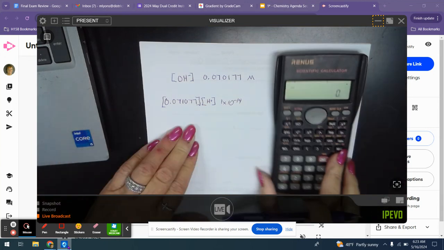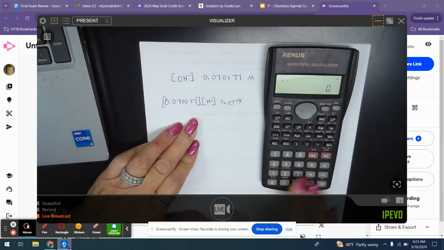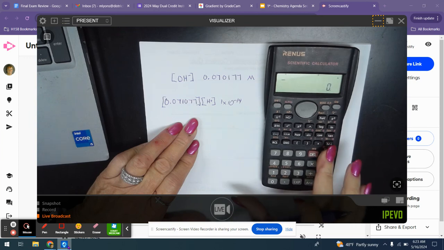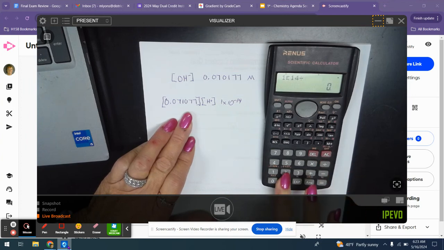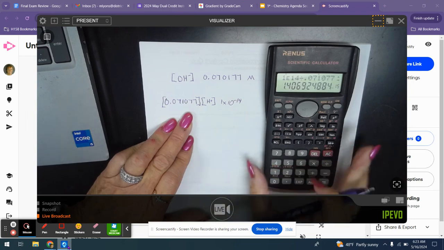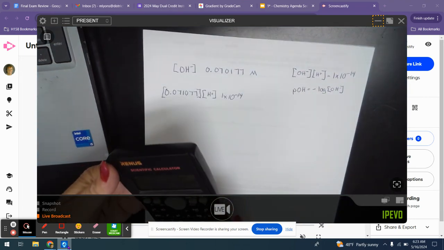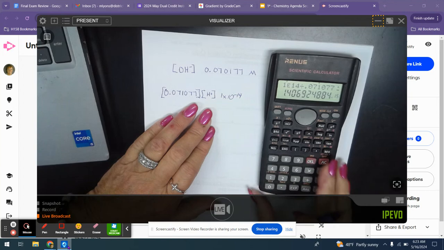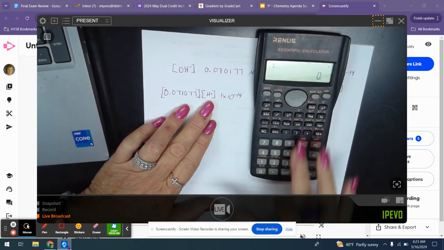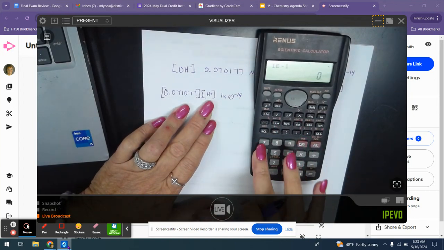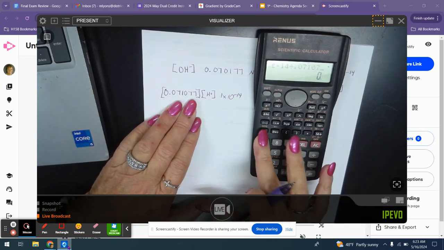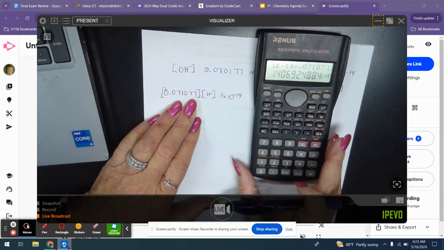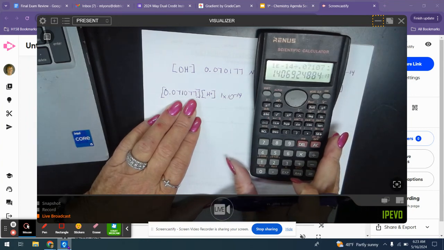So let's plug this in. 1 times 10 to the negative 14th divided by 0.071077, let me check that again, I want to do that math again, is 1.4.